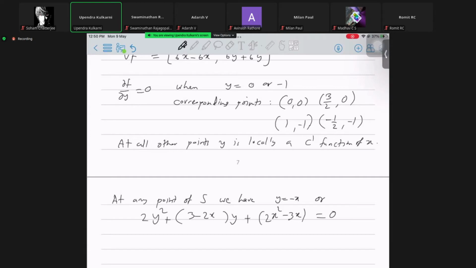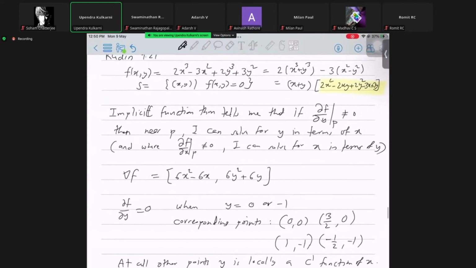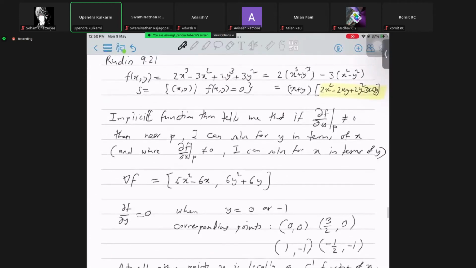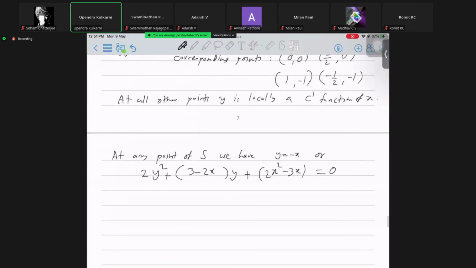Oh, sorry, 1 second. I'm getting confused over here. In terms of x, okay. So what does this tell me? This tells me that y is equal to, I can just use the quadratic formula, right?